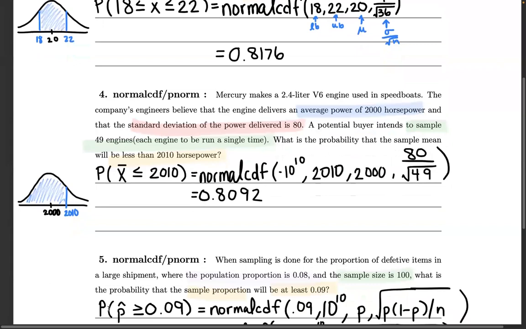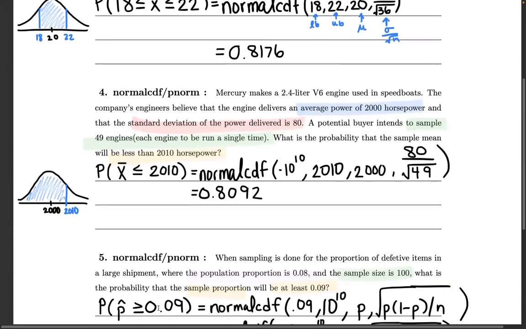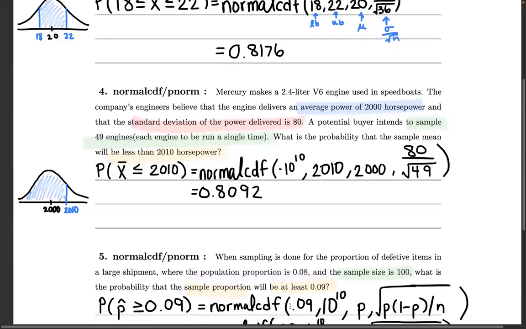Sorry, not less than, will be at least 0.09, so it can be 0.09 or greater. So we want the probability that p hat is greater than or equal to 0.09. We're going to use normal CDF, and our lower bound is going to be 0.09 and our upper bound is going to be infinity.